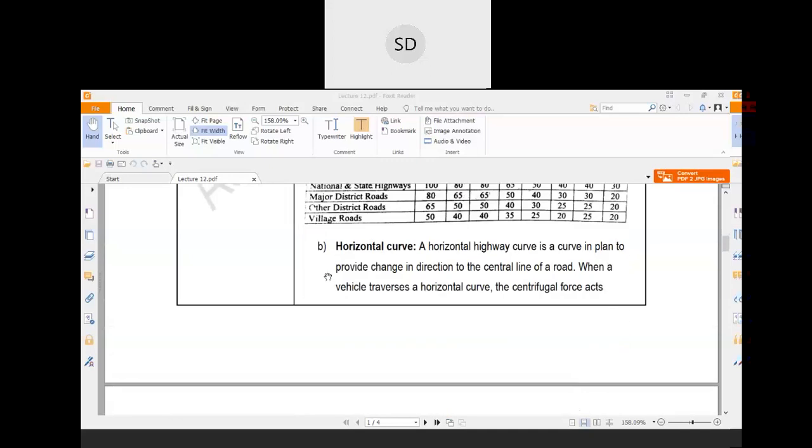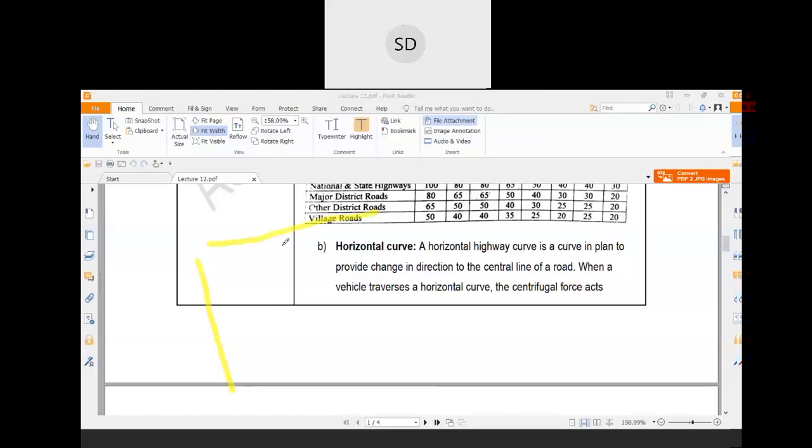So next thing is horizontal curve. Horizontal curves are provided when we need to change the direction. Suppose that is a particular road, and we need to go in this direction.